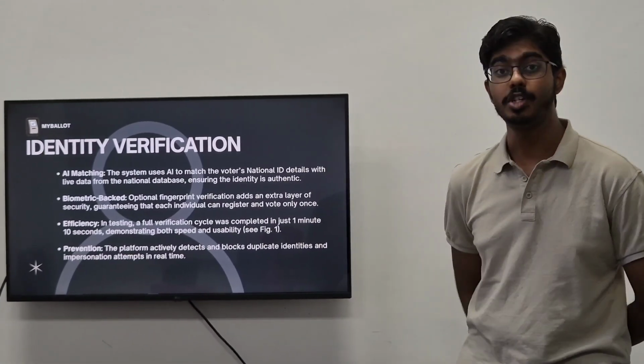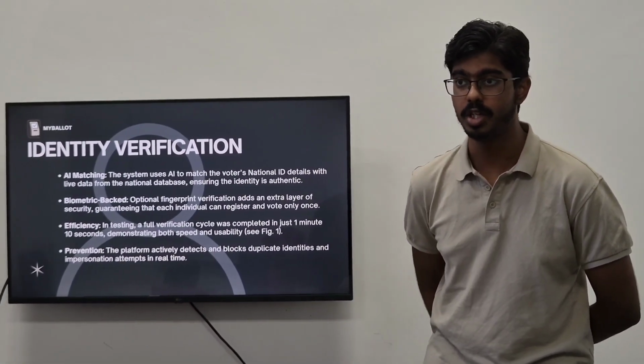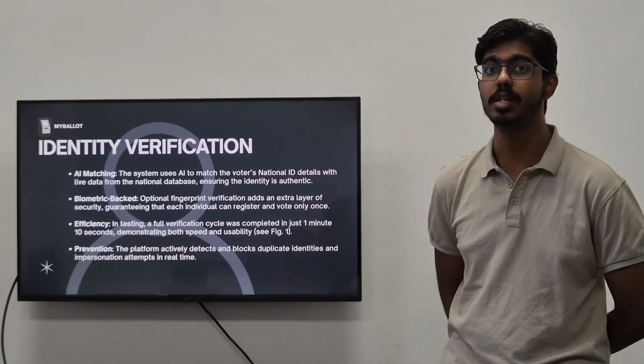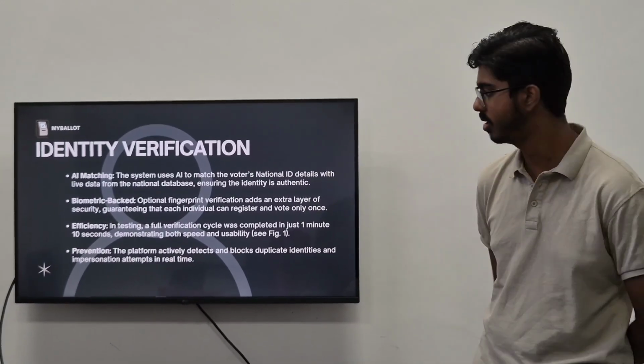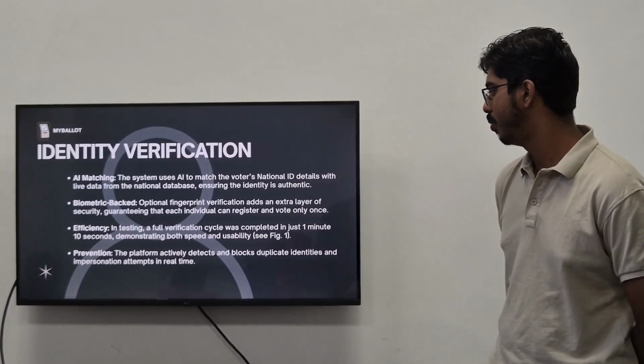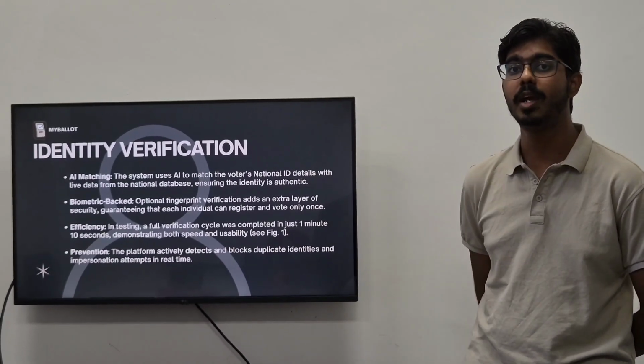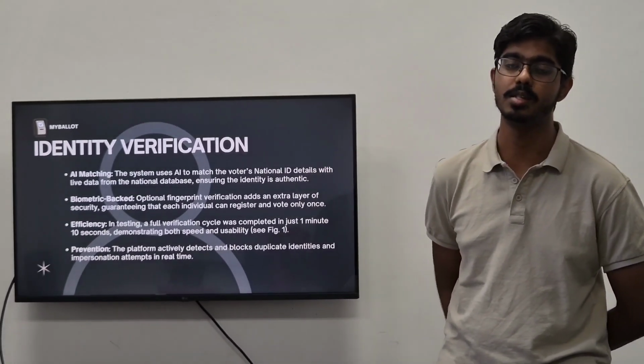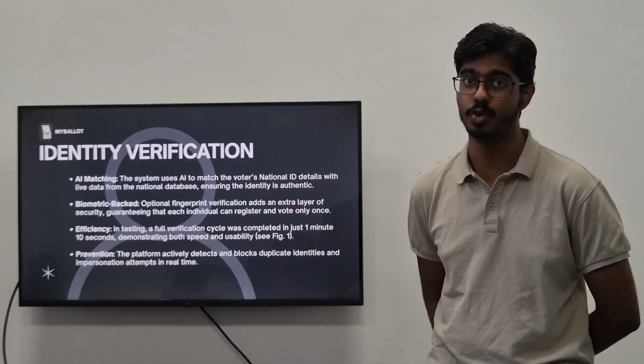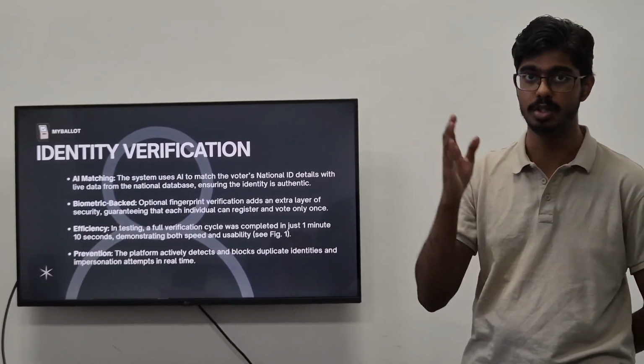This is a very efficient process compared to what we have traditionally, turning what could take several minutes into just a few seconds. And we can prevent duplicate identities through this process because the system saves and verifies each voter, ensuring that there's only one voter with one vote.